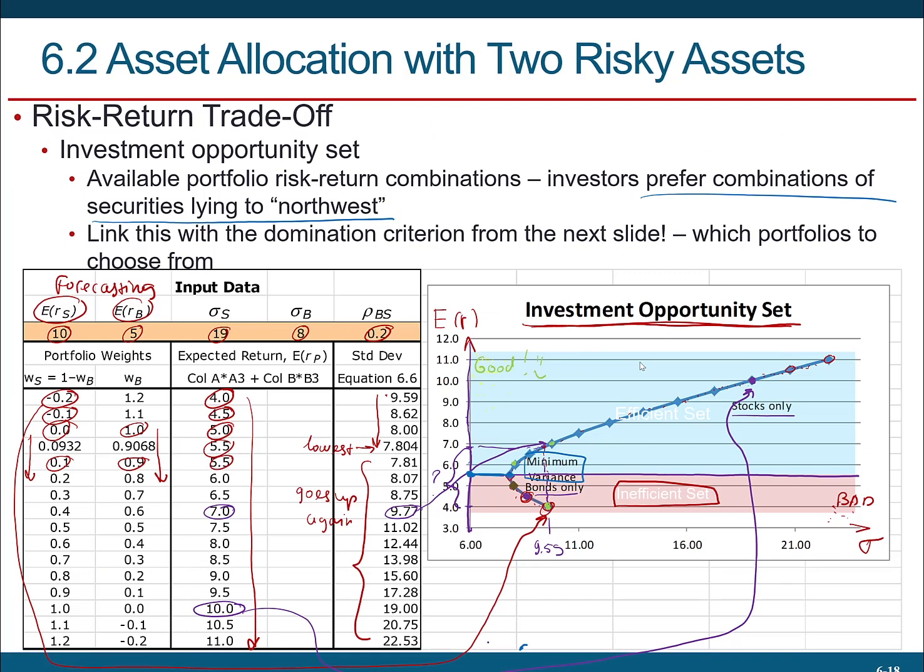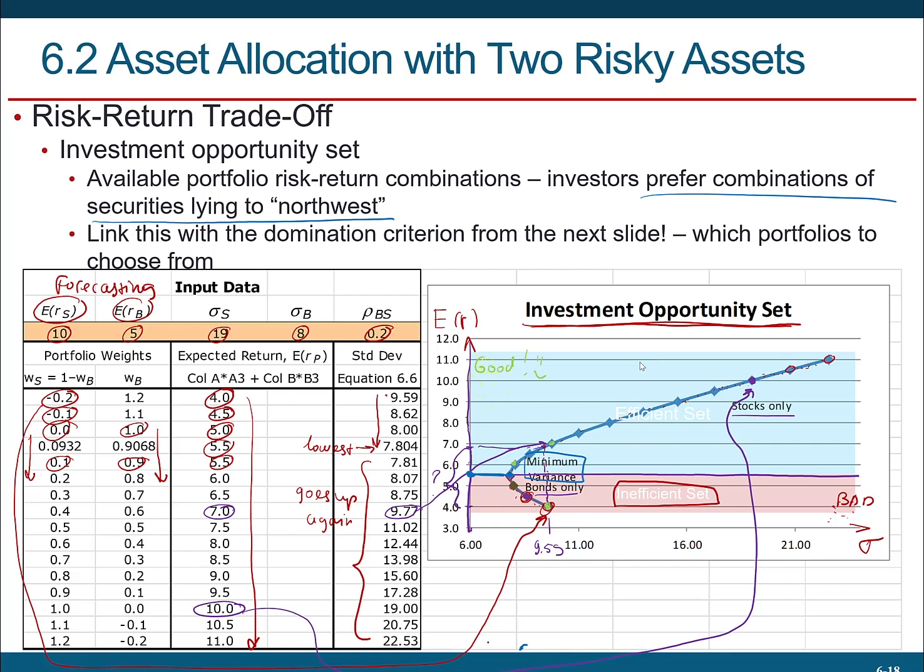So we just vary the weights between stocks and bonds and graph those portfolios into an investment opportunity set. And we talk about which portfolios are good and which are bad. The good portfolios are in the efficient set, and the bad ones are in the inefficient set.